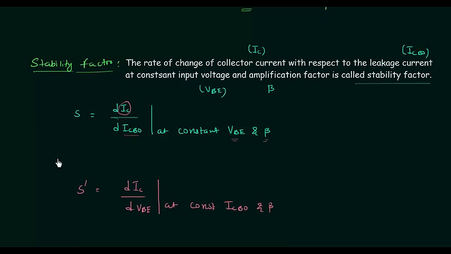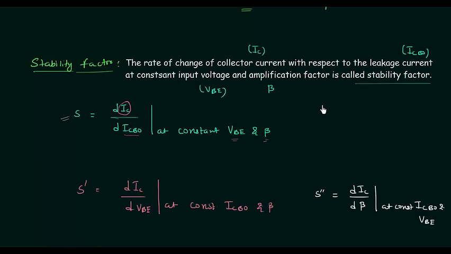The third type of stability factor is S double prime, and it is equal to the change in collector current with respect to beta at constant leakage current and input voltage VBE. So these are the three types of stability factors, and we normally have to deal with the first type.